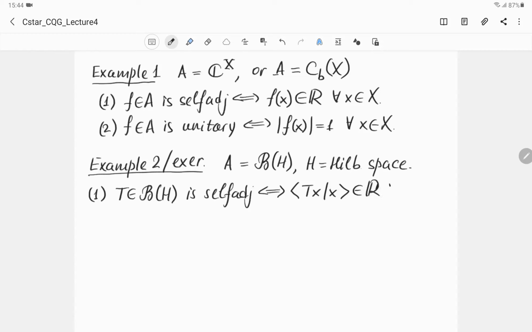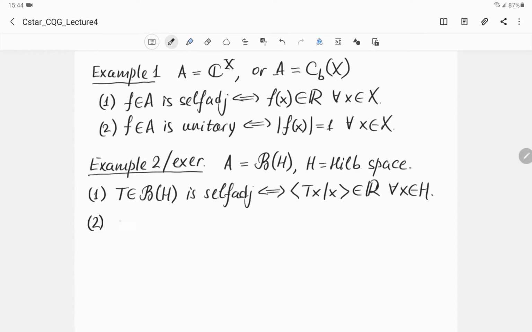That is, the inner product of Tx and x is real for each x in H. In general, the intuition here is that self-adjoint elements are analogs of real numbers. Both example 1 and example 2 explain that self-adjoint elements are related to real numbers.